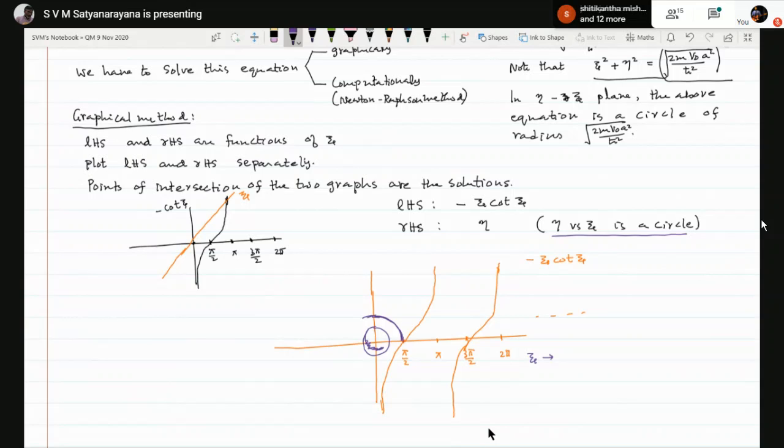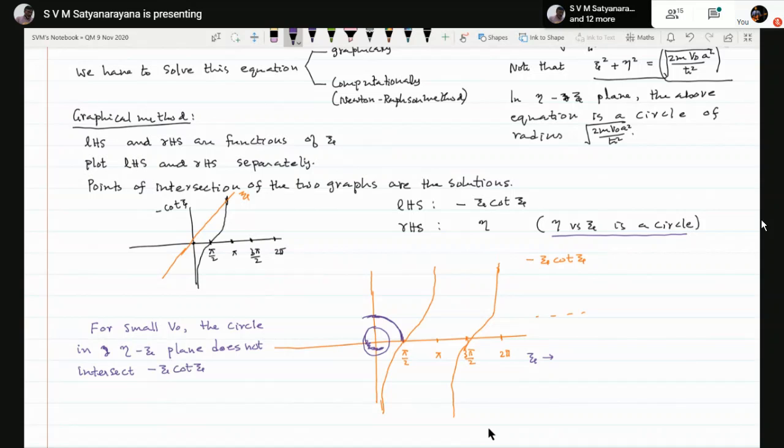That means for small V naught, the circle in the eta xi plane does not intersect minus xi cot xi.